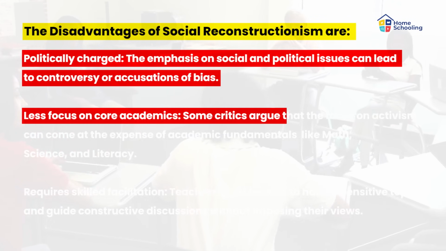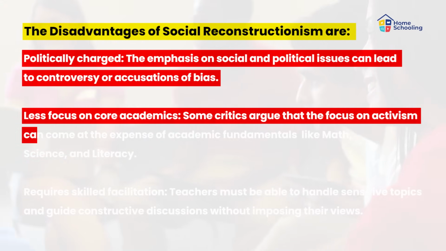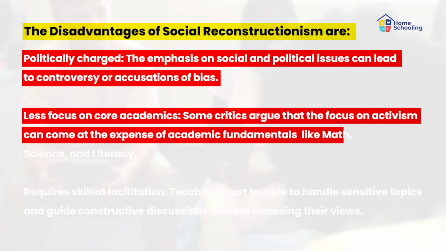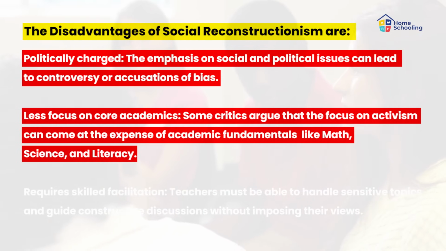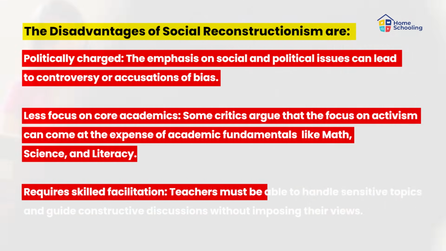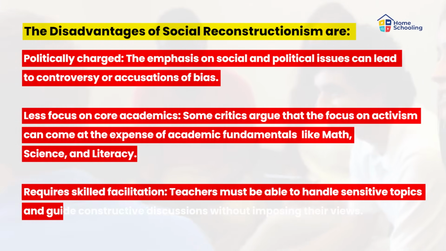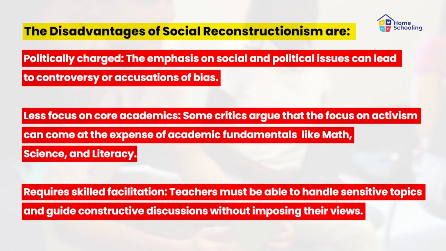Some critics argue that the focus on activism can come at the expense of academic fundamentals like math, science, and literacy. It requires skilled facilitation. Teachers must be able to handle sensitive topics and guide constructive discussions without imposing their views.